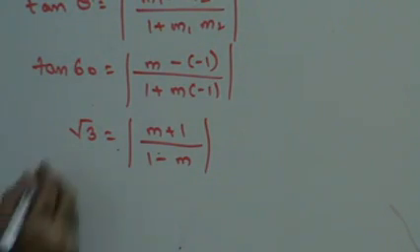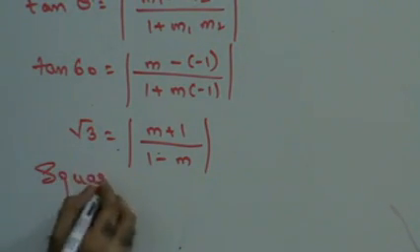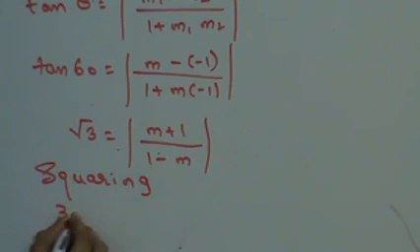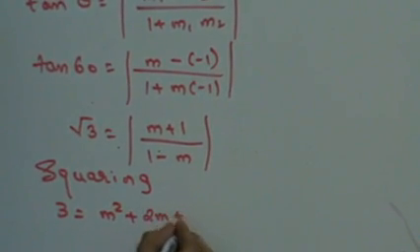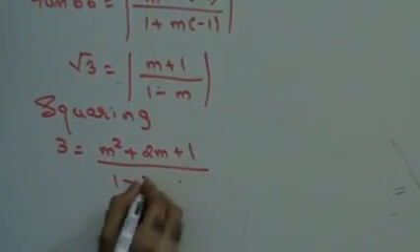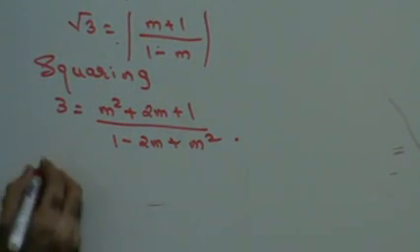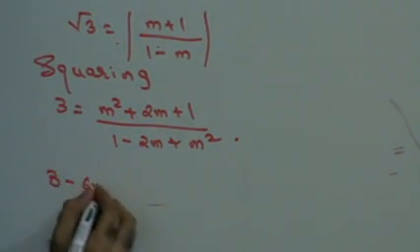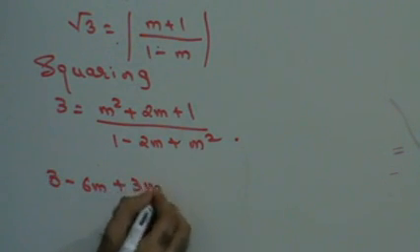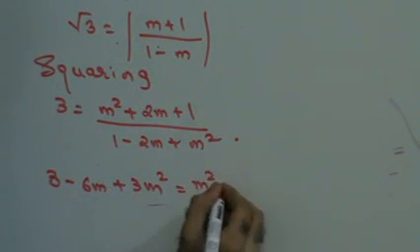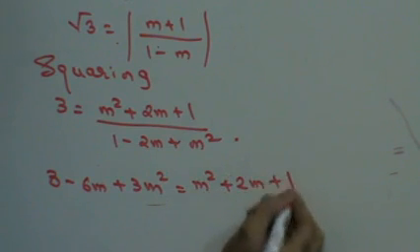Get rid of the modulus sign. How do I do that? Squaring. So I'll get 3 is equal to (m square plus 2m plus 1) upon (1 minus 2m plus m square). Cross multiply. 3 minus 6m plus 3m square is m square plus 2m plus 1.